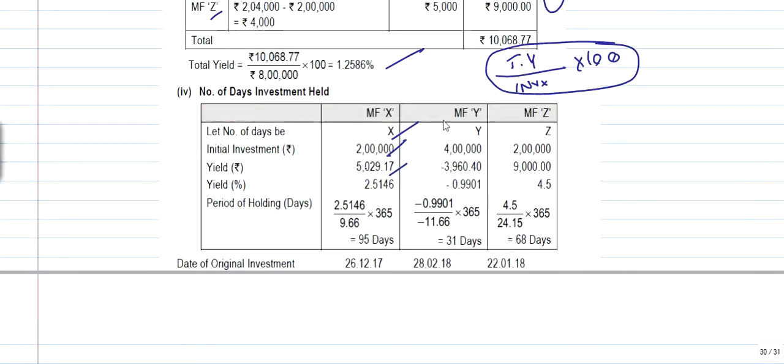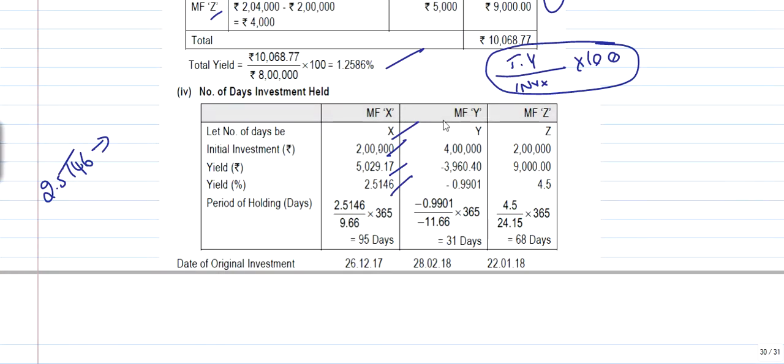So 5029.17 divided by 2 lakh, you will get 2.5146 percentage. So this is for how many days? That we don't know, we have to find out.